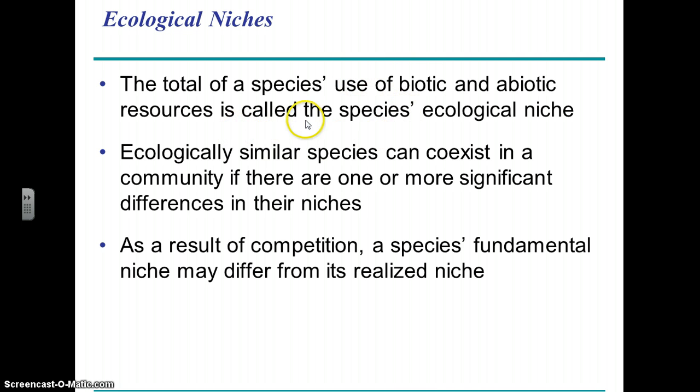Now, the ecological niche is basically the totality of the living and non-living components or parts of an organism's existence: where it lives, what it does, what it eats, what eats it, all that stuff. I think the term I mentioned in class the other day was the multidimensional hyperspace, just all those things that impact and influence a species.